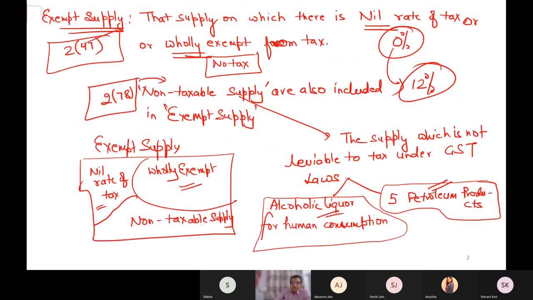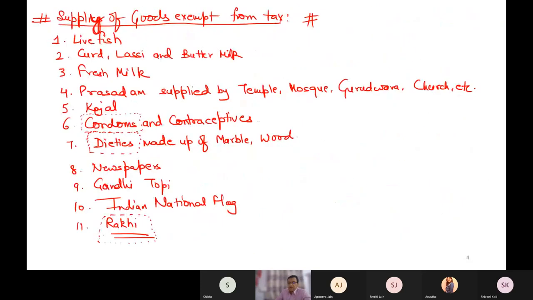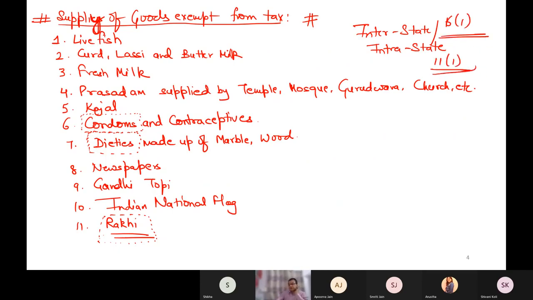Within the same section, now whether these supplies are interstate or these supplies are intrastate, in both the cases this supply is tax free, exempt. When it is interstate, I will write section 6.1. When it is intra, I will write 11.1. That's the only difference. Otherwise, no tax.